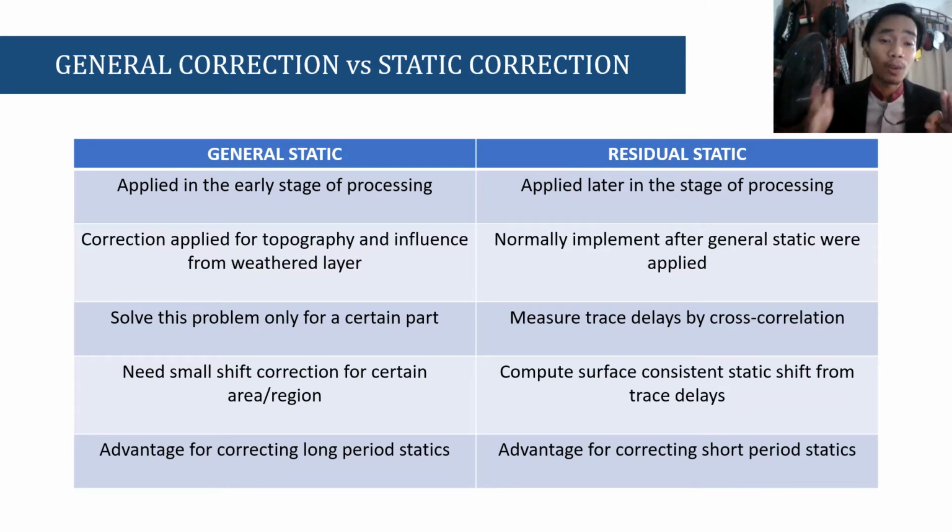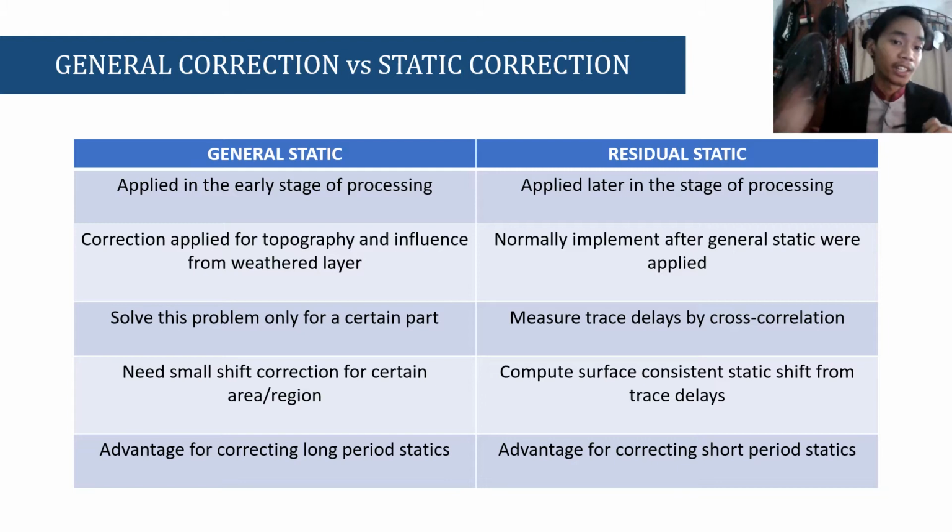General static always solves the problem for only a certain part, while the residual trace delay is obtained by cross correlation between the input data. General static needs a small shift correction for a certain area or region, compared to the residual, which computes the surface consistent static shift from the trace delay that we get from the cross correlation of the input.